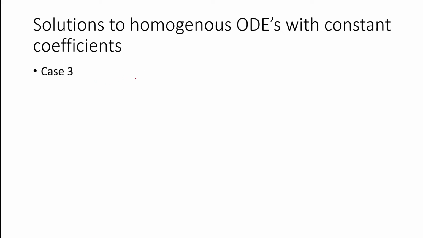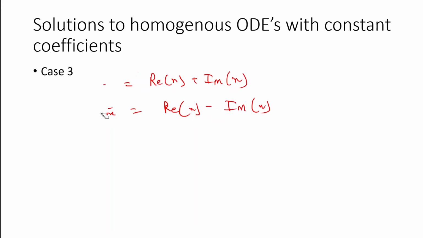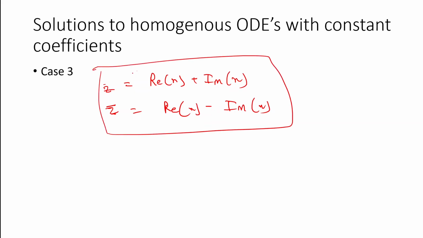So if one root is the real part plus the imaginary part, the other root must be the real part minus the imaginary part, in other words, the complex conjugate. If z is one root, then z bar must be another root. This comes from the fundamental theorem of algebra, which says that complex roots must always come in conjugate pairs.